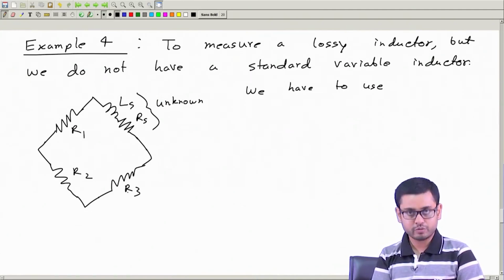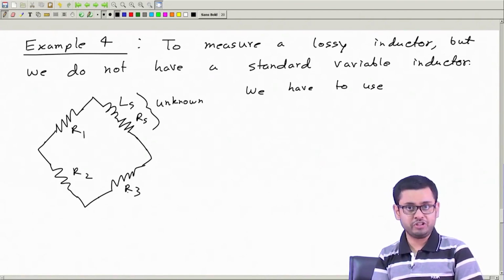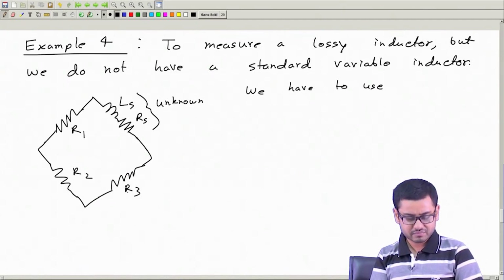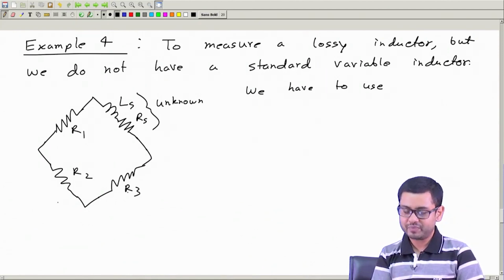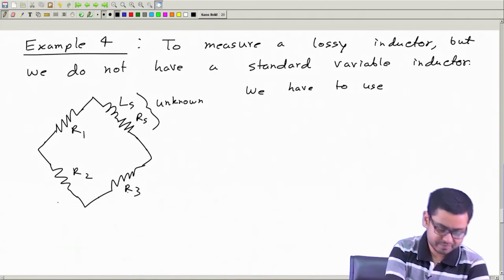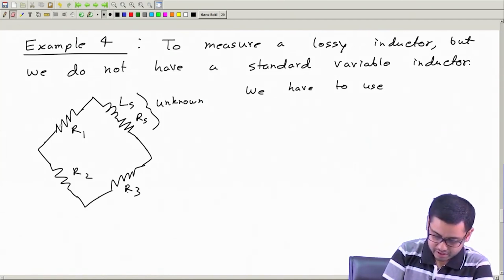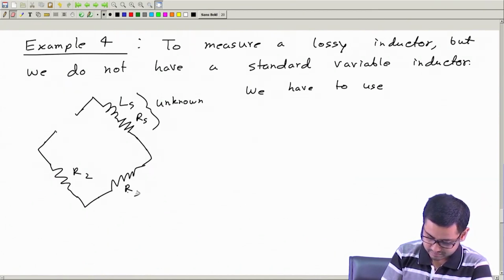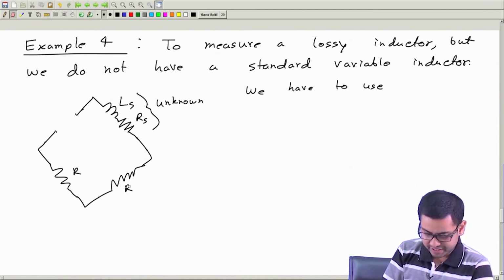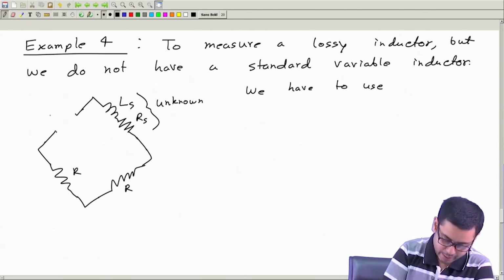Okay, so what can we do? We cannot use inductor. Can we use capacitor? Because capacitor gives non-zero angle, resistance gives only 0 angle. So can we use capacitor? Let us try. Let us try by putting a capacitor here. Let me keep R and R here, and let me try to put a capacitor.